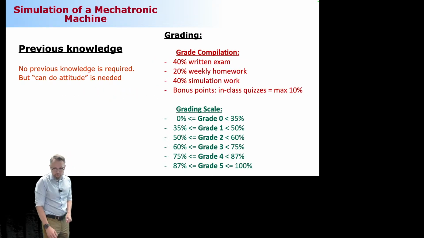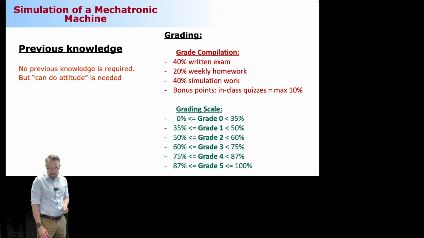You get 40 points from the written exam, 20 points from the weekly assignment, 40 points from simulation work, and 10 points from in-class quizzes. So that's a total of 110.